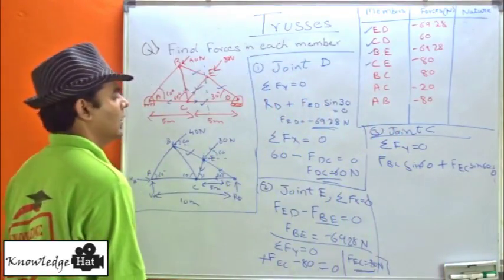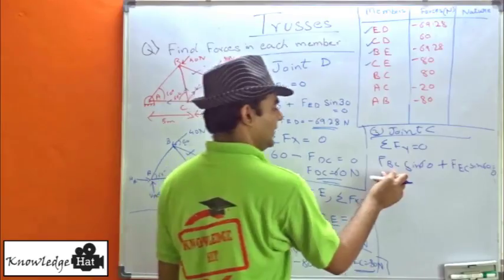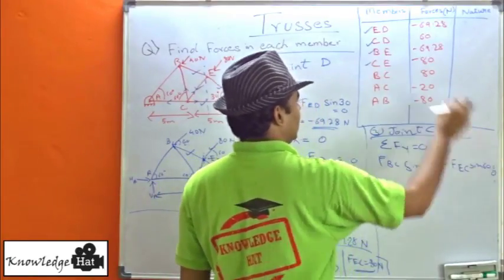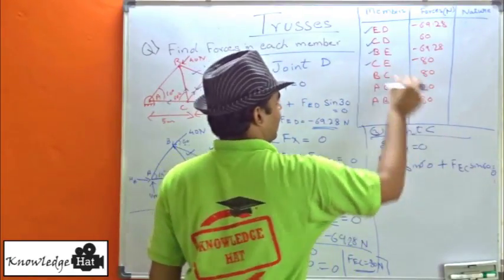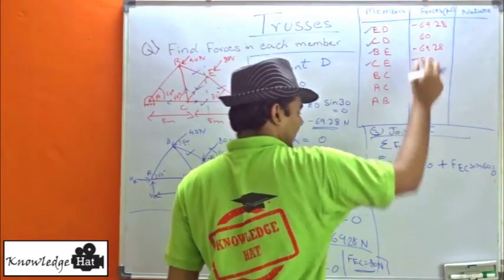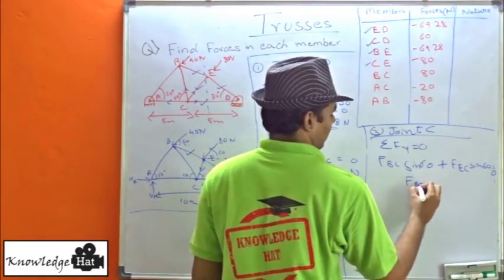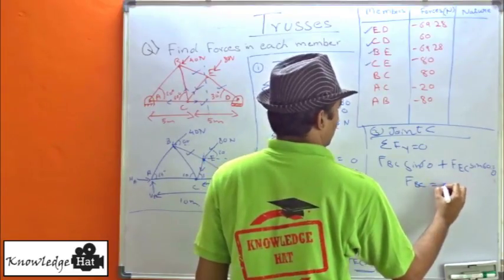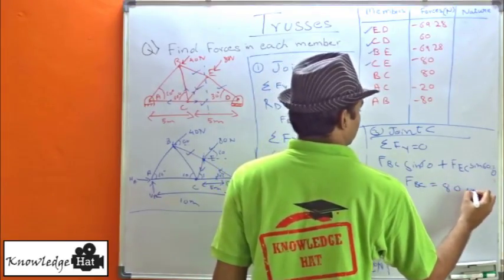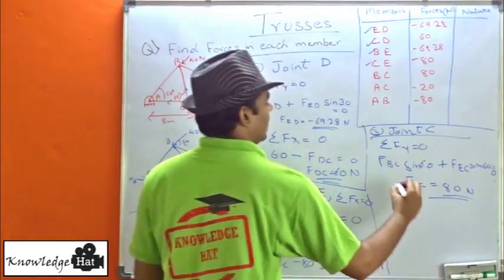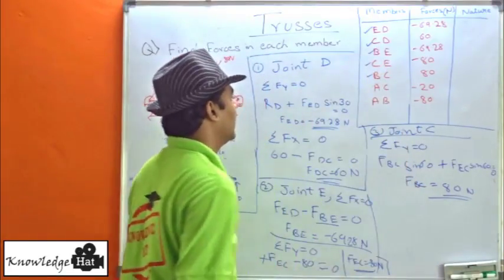What we get is BC will be negative of force EC. EC is same as CE, and that was 80 newtons. So we directly get FBC is equal to 80 newtons. So we get another entry here, another tick mark.